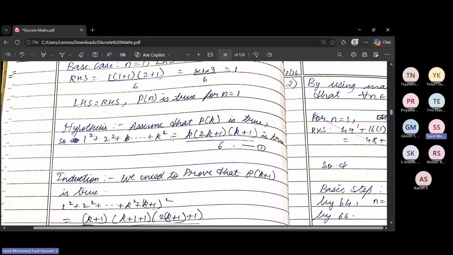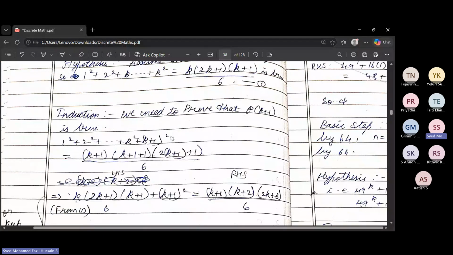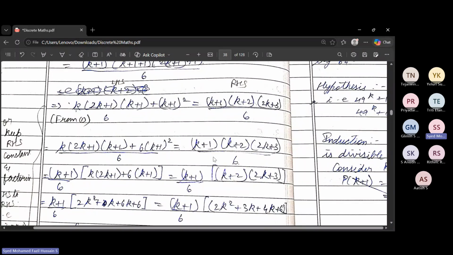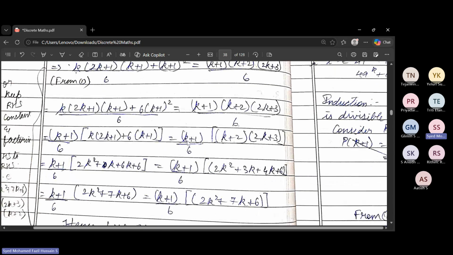We just have to add that term there. So in the first statement, we are adding that k plus 1 square, and then we are equating it to the RHS. That is the original k plus 1 statement that we have derived right now. From that, we have taken k plus 1 as common and put forth the other terms.